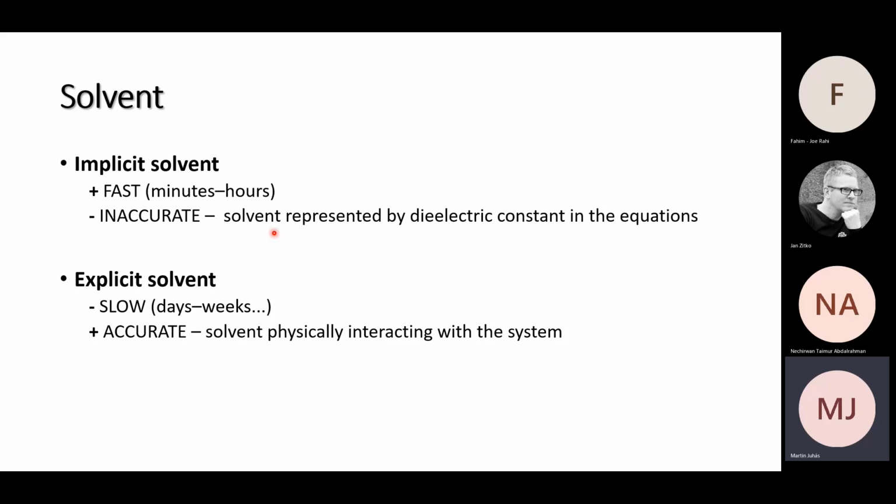There are 2 ways how to deal with this. The first one, the fast but very inaccurate one, is so-called implicit solvent. Implicit solvents are very basic. It's effectively just adding some dielectric constant, so a constant that describes the solvent in its physical manner, to the equations that are used during the simulation.